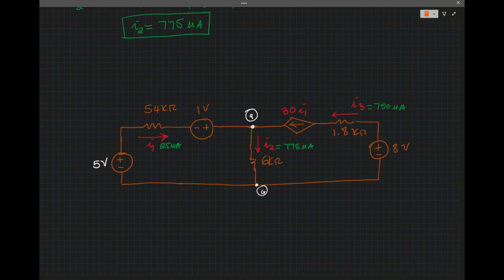We know all the branch currents, and we can use them to calculate the power absorbed or supplied by each component.